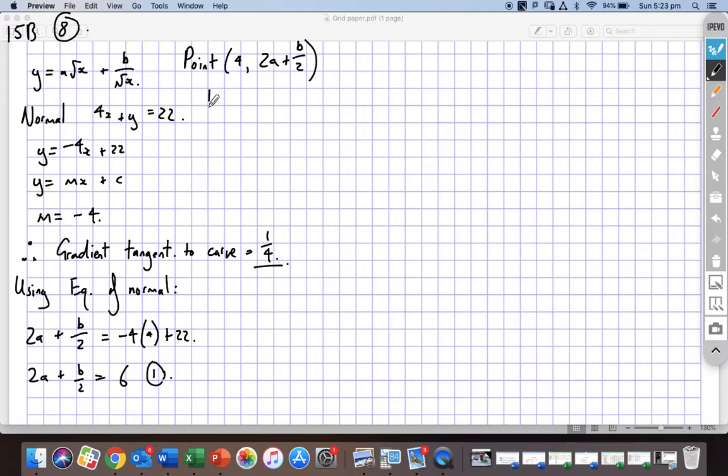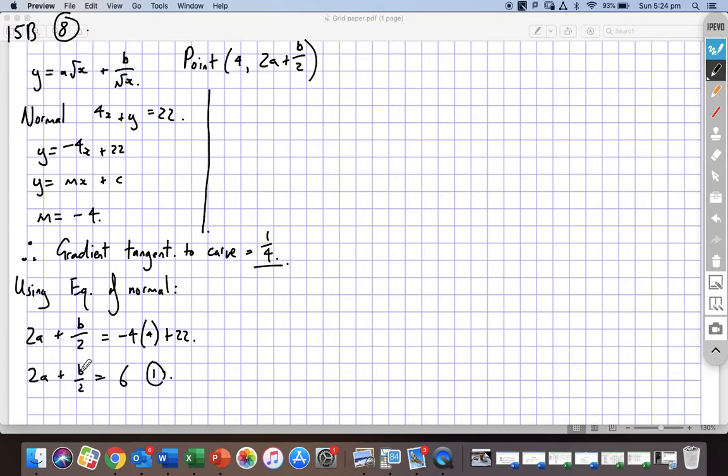I'm also going to want the derivative so that I have a second equation. When you've got two unknowns, a and b, you're not going to be able to work out what they are just from one equation. You're going to need two equations, right? Because potentially there's an infinite number of possibilities here.